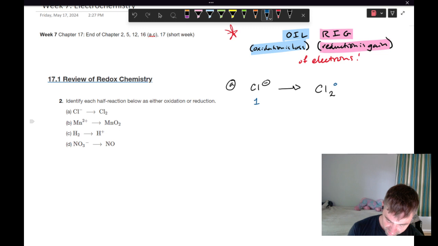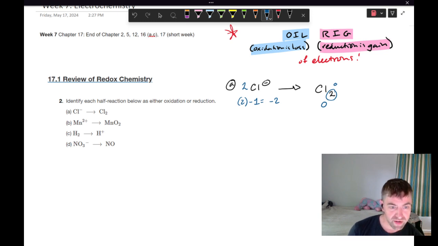So as an accounting step, we have a -1 charge on this, but there's 2 over here. So we're going to throw our coefficient up there, multiply that by 2. So we have a total charge of -2 on that chloride side of the reaction, or half reaction. And 0 times anything is 0.